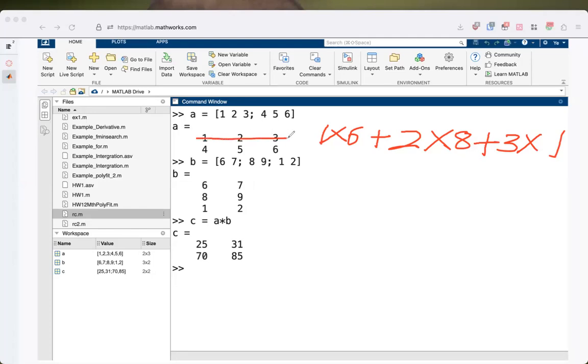So row 1, column 1. This equals 6 plus 16 plus 3. So 6 plus 3 is 9, 9 plus 16 is 25. So this is C11.